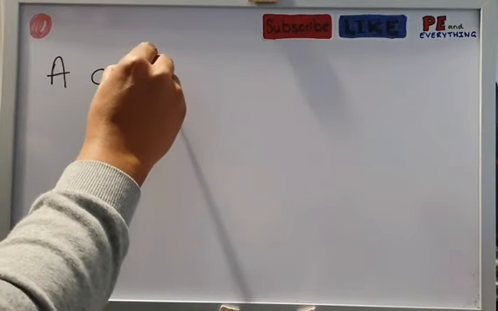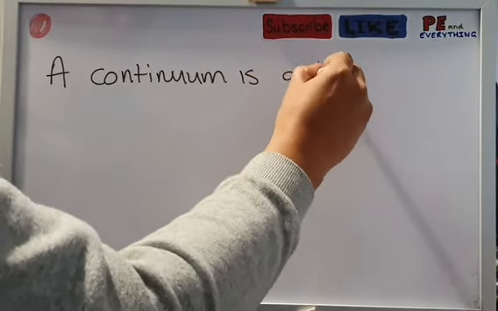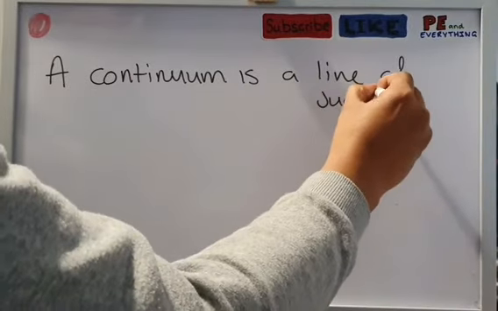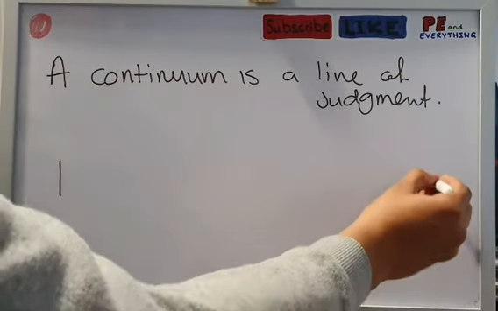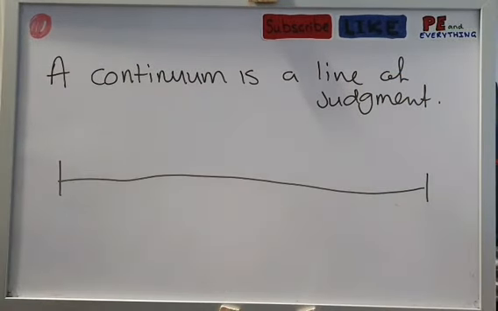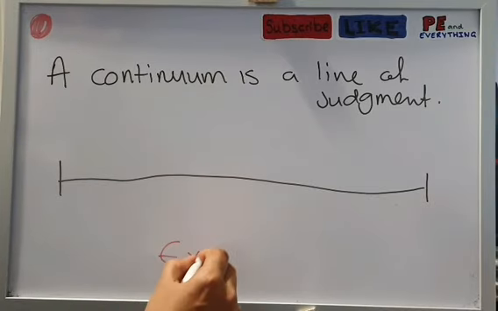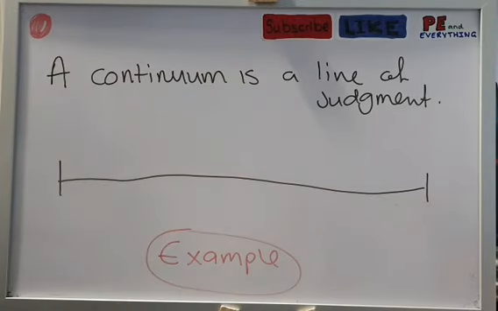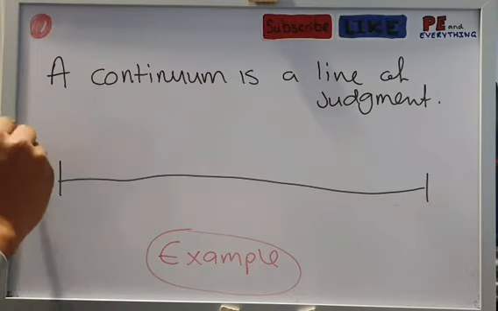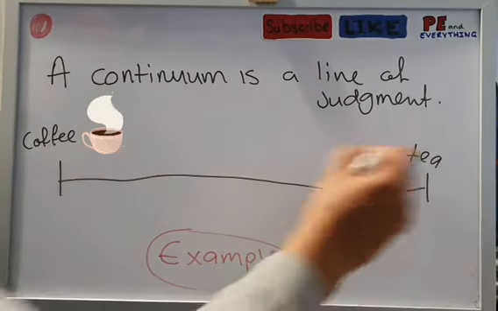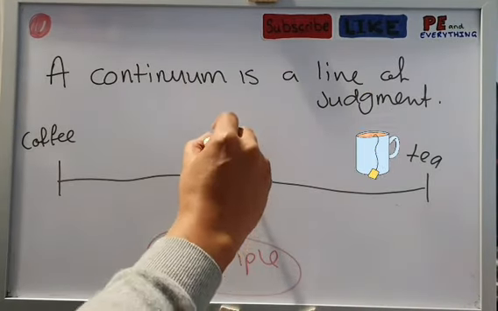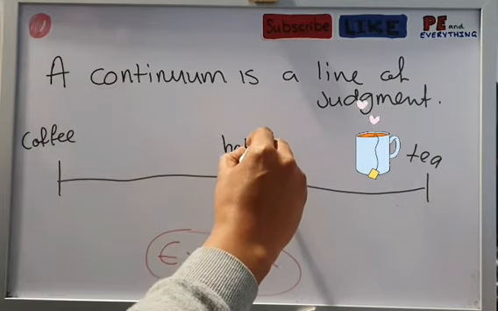So the first thing we're going to look at is a continuum. A continuum is a line of your judgment. So if you can back it up yourself, that is your judgment. Here's an example. On one side of the continuum, we have coffee. On the other, we've got tea. In the middle, we start with hot water, so that's neutral.